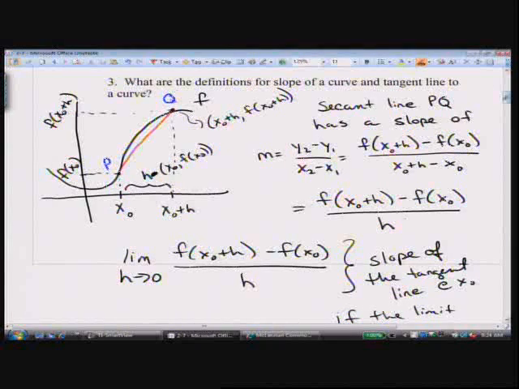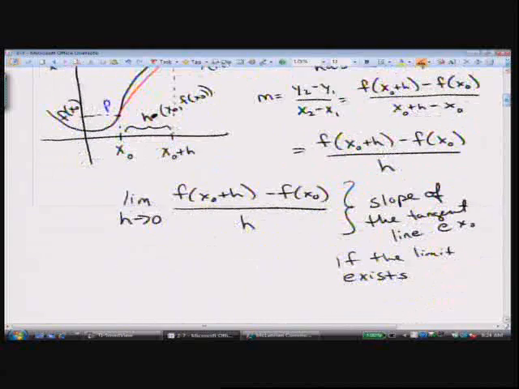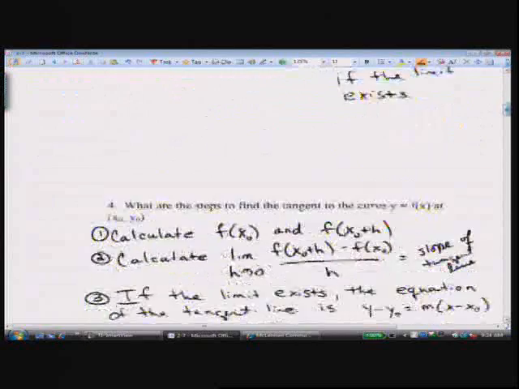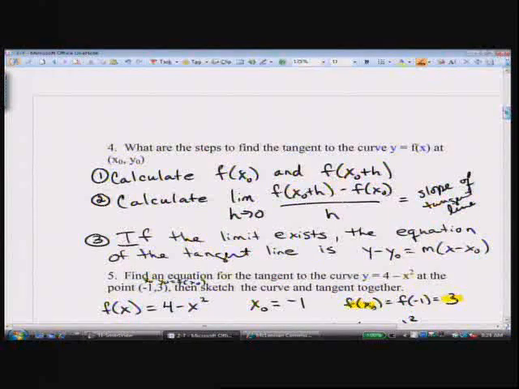But right now we're going to be specific to particular points, and so that's why we have the x naught there. If you can find this limit, it will be exactly the slope of the tangent line at the point x naught. The steps to find the tangent line are to first figure out f of x naught and f of x naught plus h, then to calculate the limit, which will give you the slope.